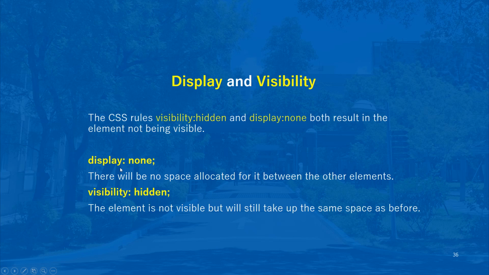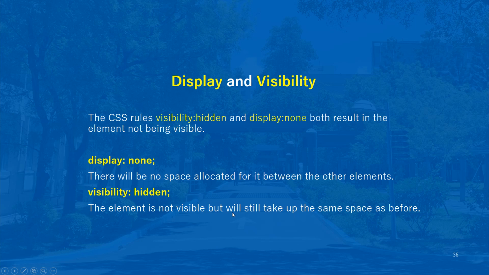If you say display none, this means there will be no space allocated for it between the other elements. Both of these are not visible, but one will allocate space for the element and one will not. Display none takes no space, and visibility hidden is just not visible; it still takes up the same space as before.